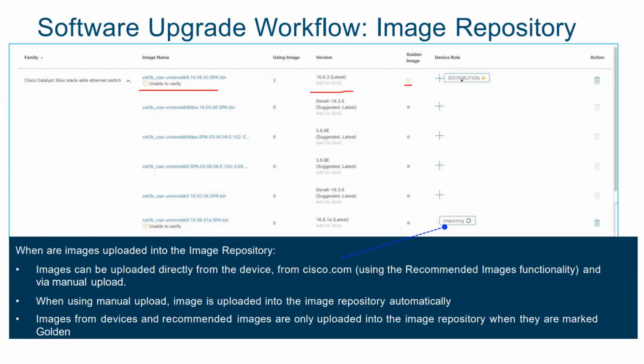The other way is manually. If you just go and say, I want this device to be upgraded to that version, and you select that version from the list, then DNA will download that version. Or manually, by selecting that version and saying, I want that version to be on my device for future use. So one of them is automatic, and the other two options will be based on your consent.